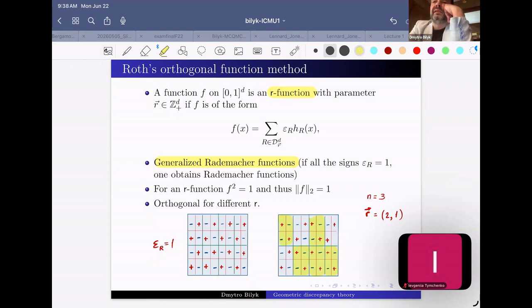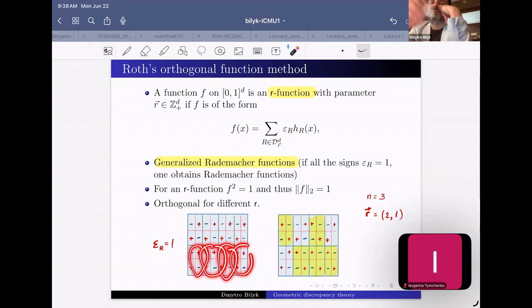Basically, look at the pictures. When all of the coefficients are 1, you get this perfect alternation of signs, right? So you get all of these Haar functions, and signs perfectly alternate. So these are essentially Rademacher functions. If you've ever seen them, these are multidimensional Rademacher functions.